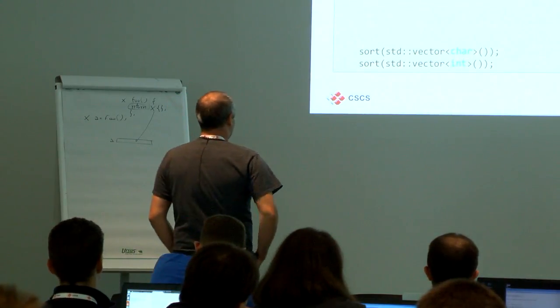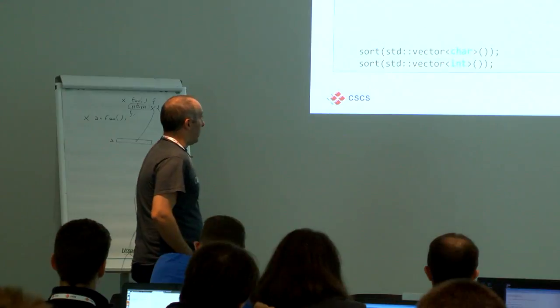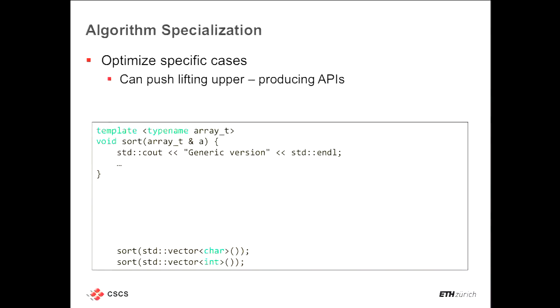So I have a sort function that takes some array and just does something to sort the thing. And I want to sort a vector of chars and a vector of integers. This will work as long as that thing sorts a vector of elements.